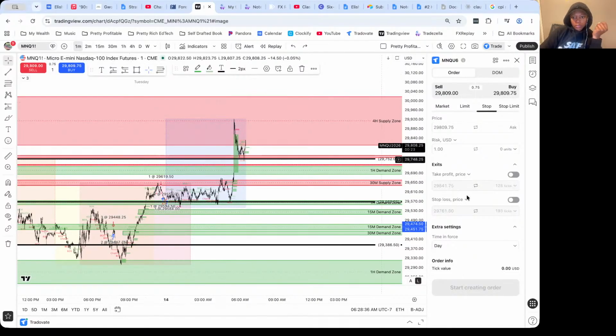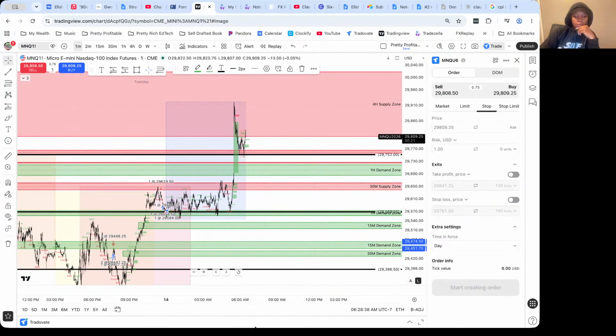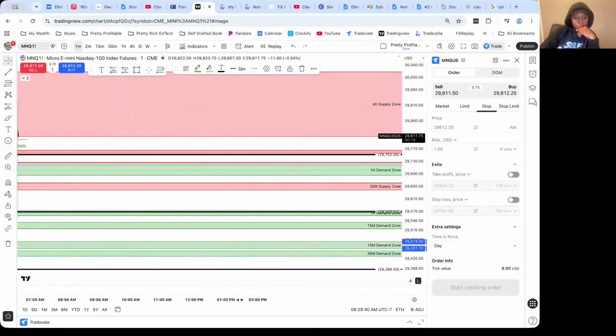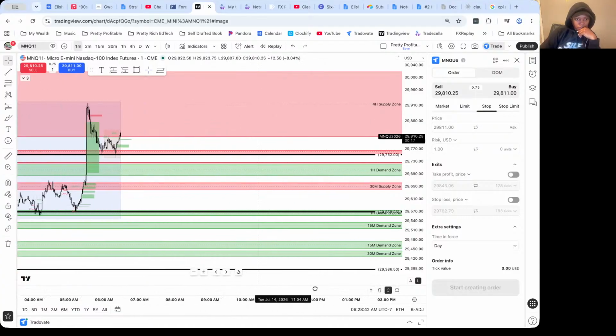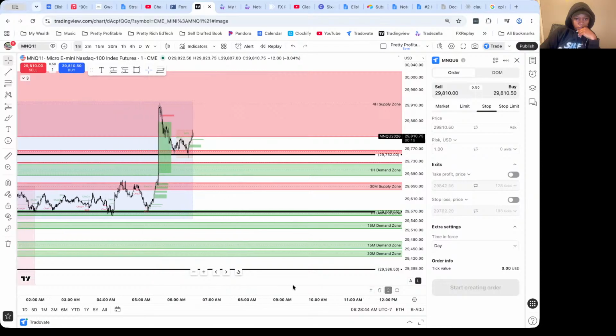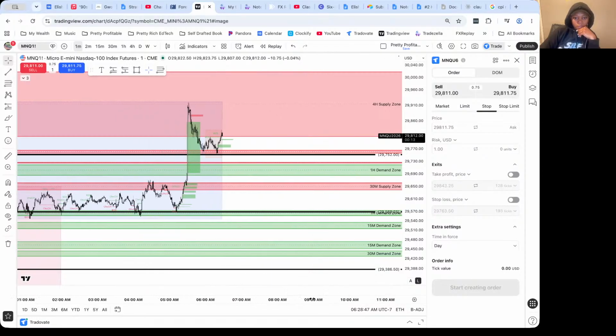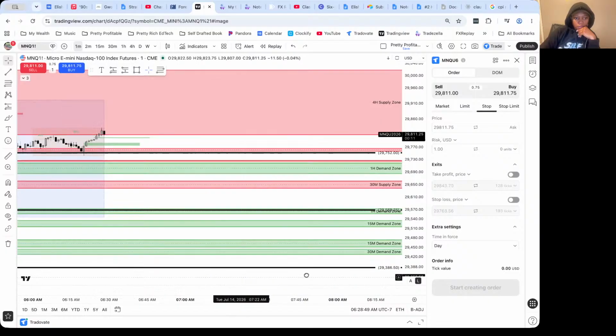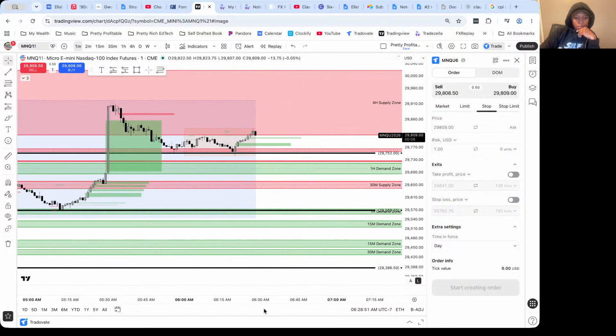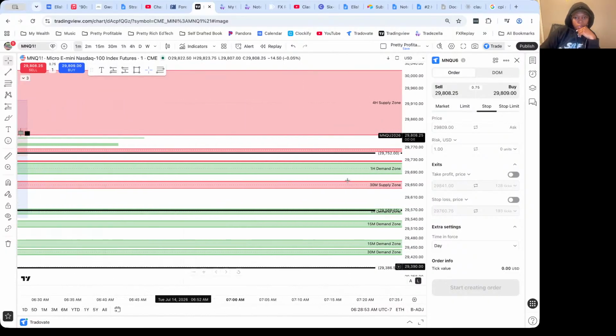Yeah, we're on a 1 minute chart. So now we're going to get ready for this. Oh, we're already currently in a supply zone.